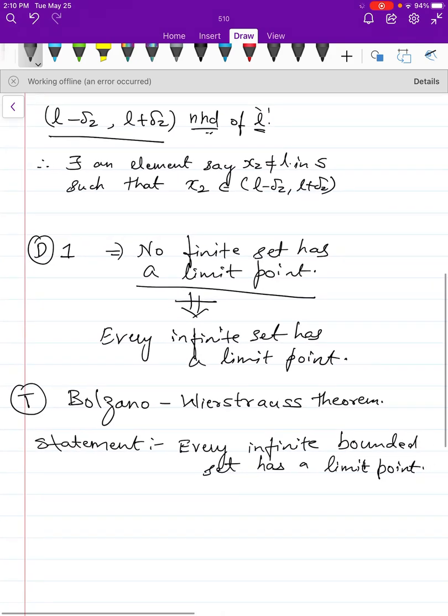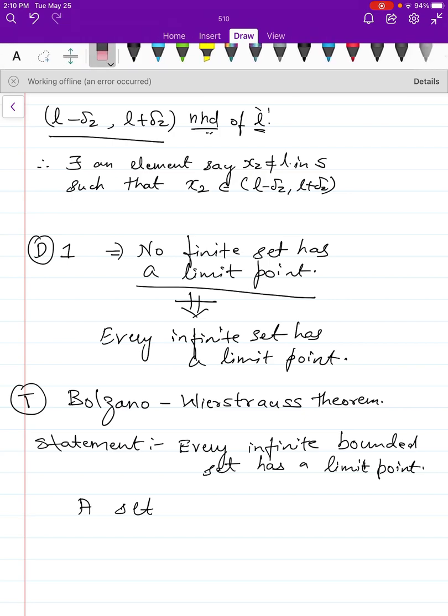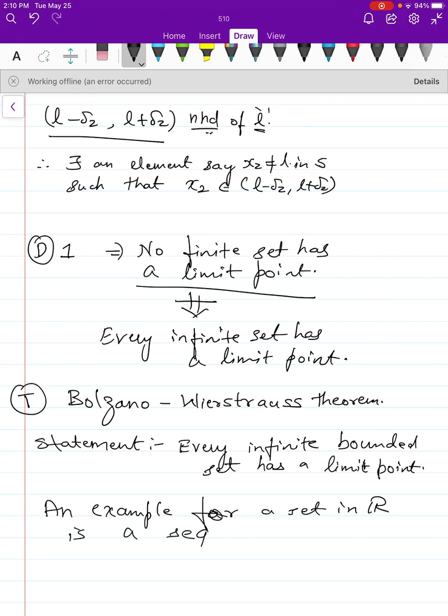Okay, so what is a kind of a set in R? Some textbooks define or state the Bolzano-Weierstrass theorem in a different way. How do they do that? An example for a set in R is a sequence. Correct?